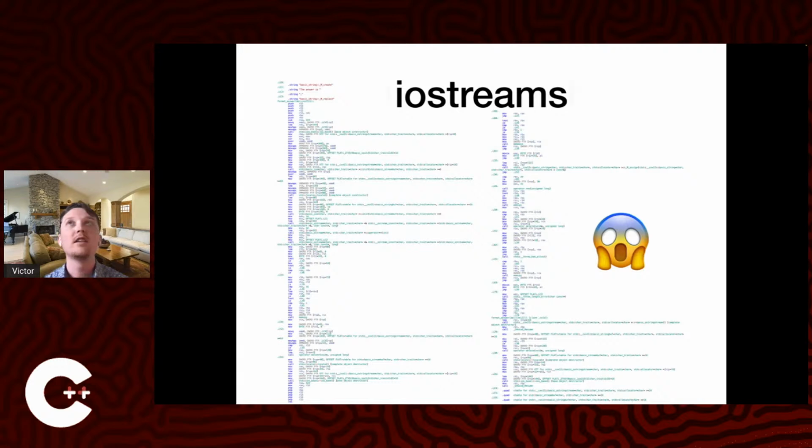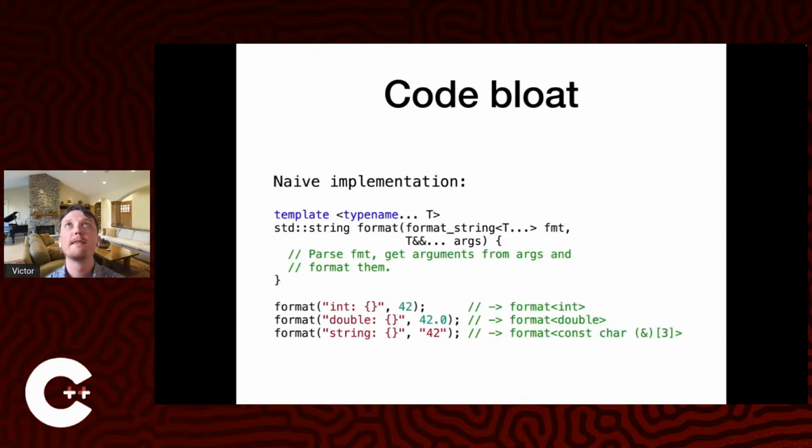Very scary. And if we are not careful, it can be even worse with variadic templates. If we naively implemented all the formatting logic in a variadic function template like format, it could result in enormous code bloat. And this is actually what we see to some extent in folly format.